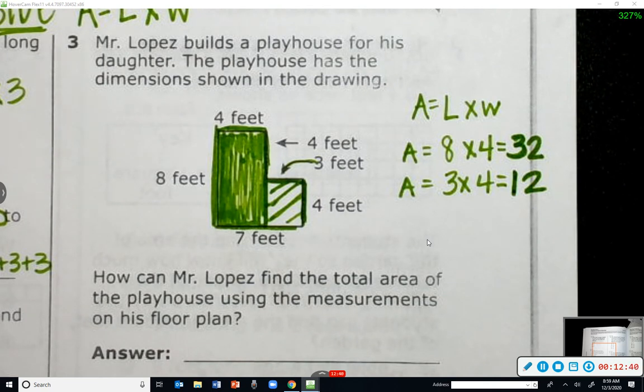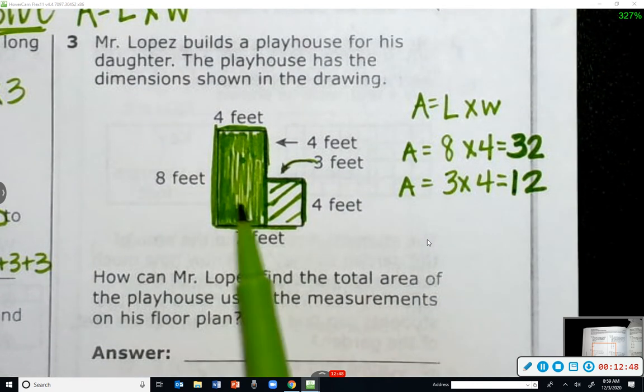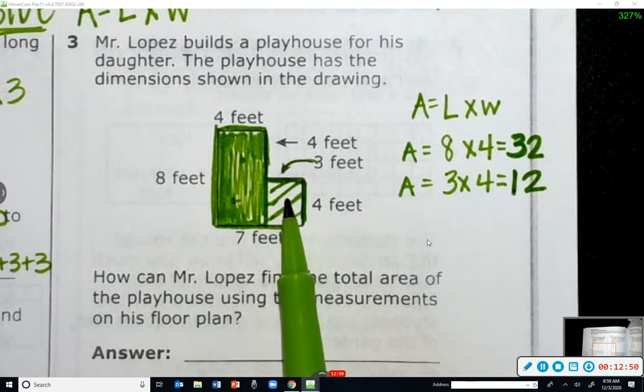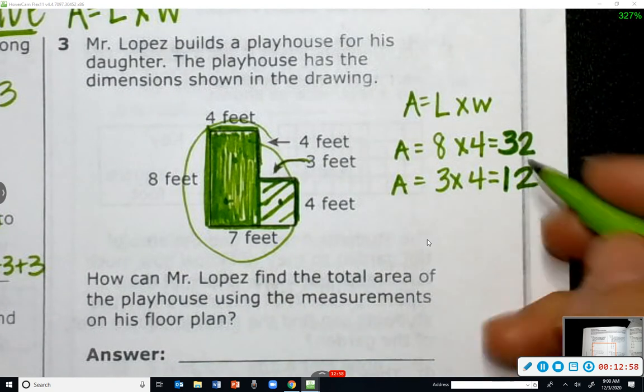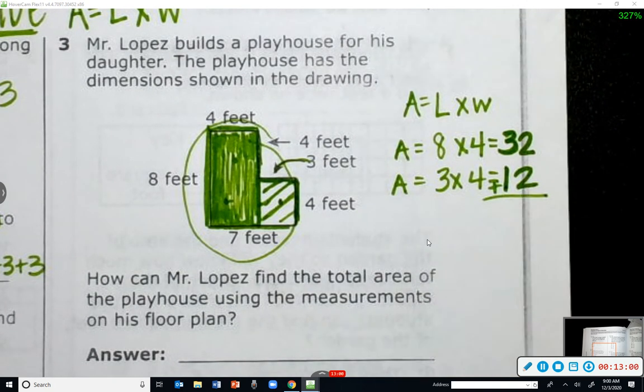Not times. Divide. No. Don't guess. If I have area of this is 32, area of this is 12, and I want to know the total area of all of them, what are you going to do, Brandon? Plus them. Thank you. Add 32 plus 12.